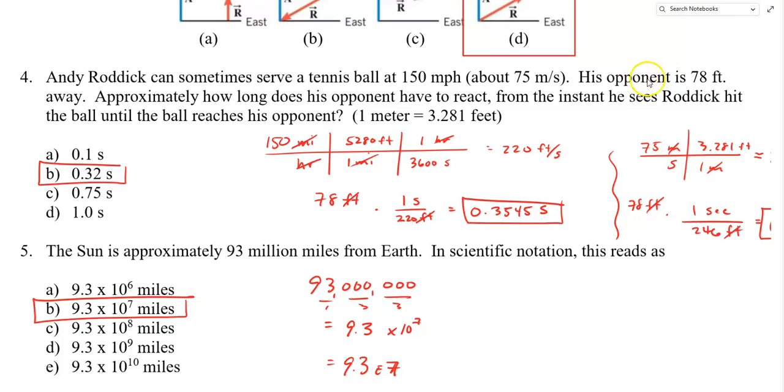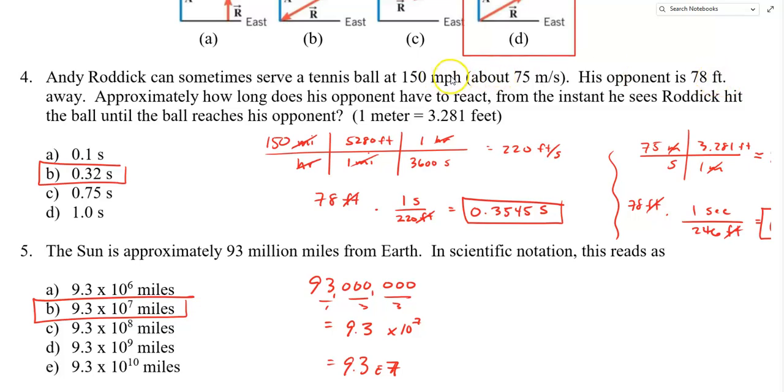So to answer this question, we're trying to find out, how long does the opponent have to react to hit the tennis ball back. I wouldn't use the meter per second measurement here, number one, because it's an approximate value, and number two, the additional measurement that we're seeing later is a measurement in feet.